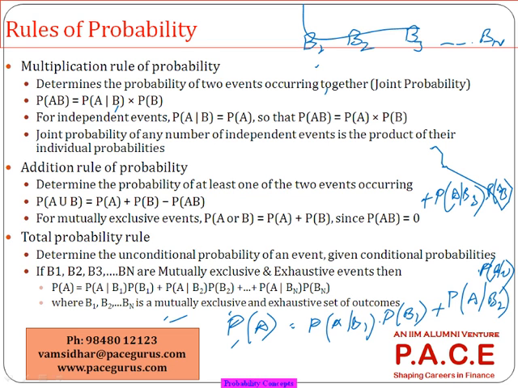Now if I want to find out the probability of unemployment, what it says is, I can combine it with those mutually exclusive and exhaustive events, saying what is the probability of good economy multiplied by what is the probability of unemployment in a good economy.